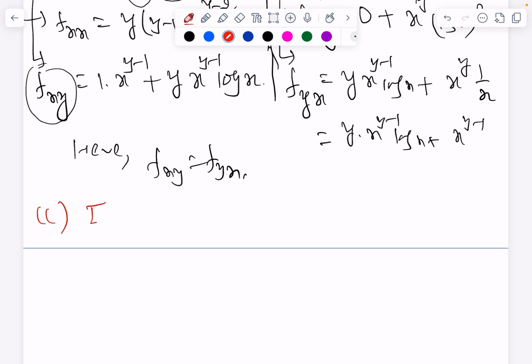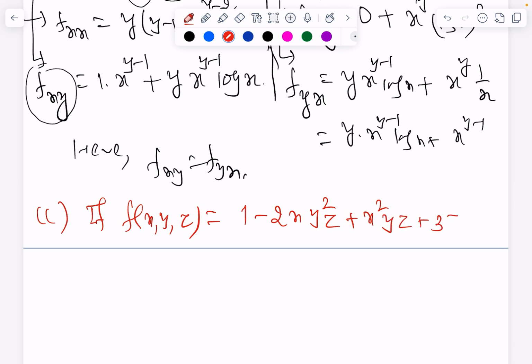if f of x y z, a three variable function, is 1 minus 2 x y square z plus x square y z plus 3z, find f_yxy, f_zxy.